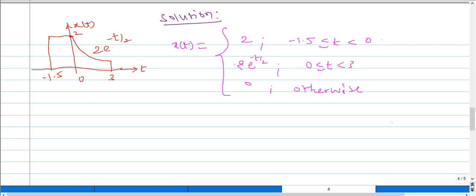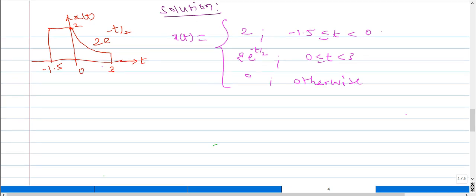Okay, so now we have to find the compressed signal x of 3t. So our compressed signal, let us call it xc of t, will be equal to x of 3t, and we can find it by putting 3t in place of t in this expression.